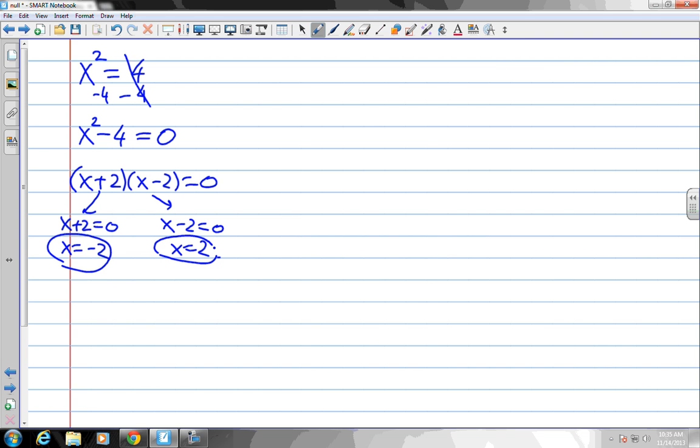But in this particular case, taking the square root is a lot quicker and simpler if you remember to make sure you include the negative answer as well. Because what I showed you earlier, if I have this equation and I take the square root of both sides, all I have to remember is that x would be plus or minus the square root of 4.